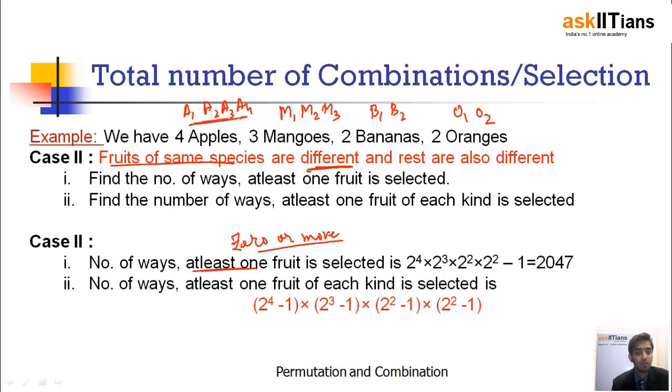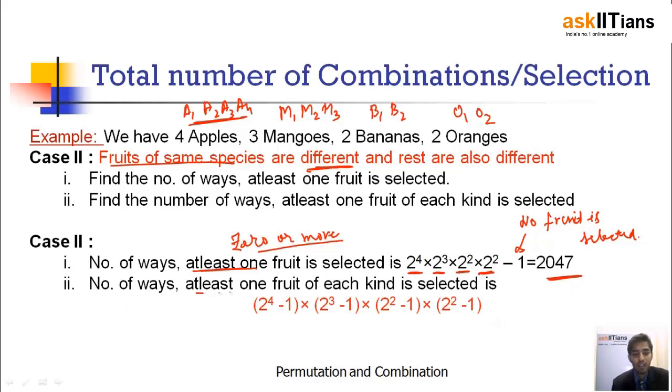If the fruits of same species are different, then the number of ways will be 2 power 4 into 2 power 3 into 2 power 2 into 2 power 2, and I will subtract one case when no fruit is selected. So the total number of ways will be 2047.